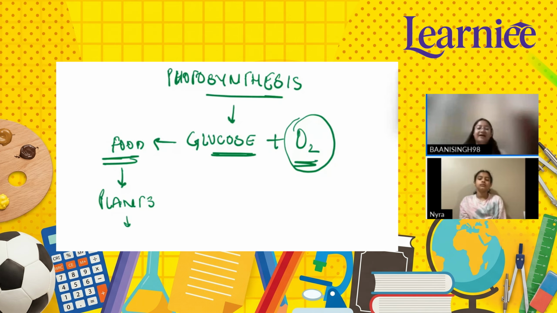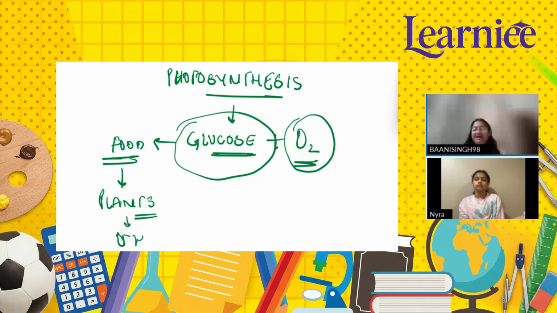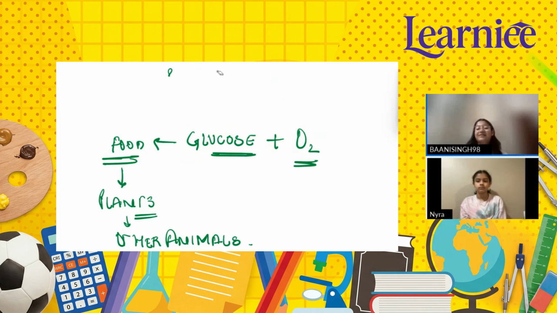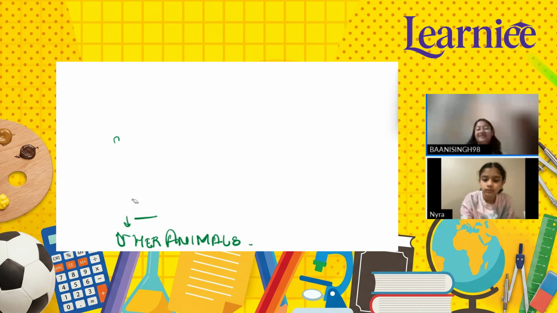So we say that the glucose is the food molecule utilized by the plants and by other animals as well. Is that clear? Yes. Good. Now, how does photosynthesis take place? What is the process, or how does all this take place? Have you ever studied about this? Wait.